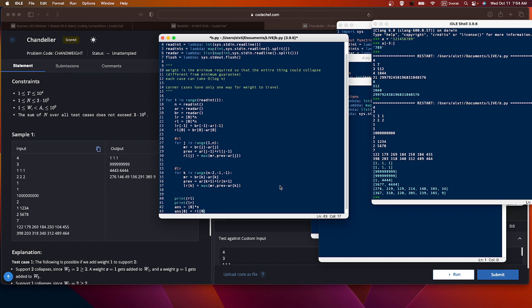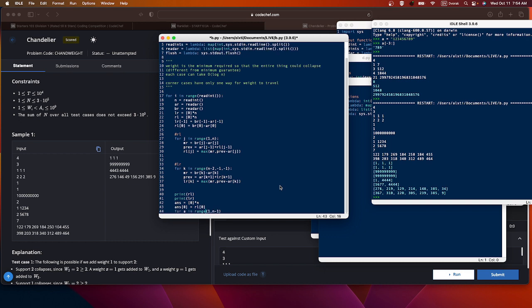Wait a second. No, that only eliminates the first one for sure. It just happens that everything else after that pushes in. Wait, then, yeah, no, something is definitely wrong here. Wait a second here.